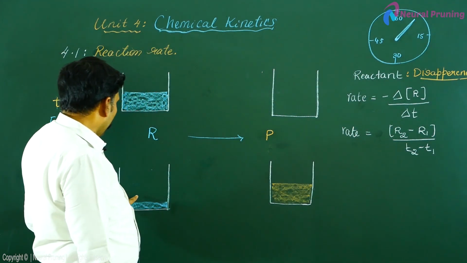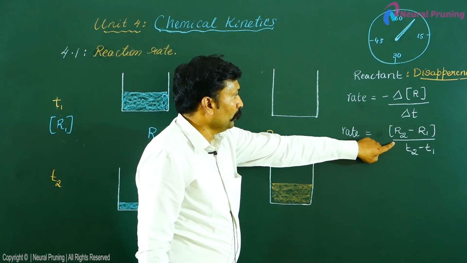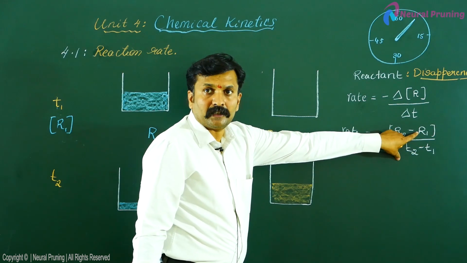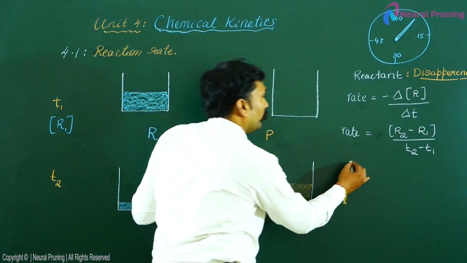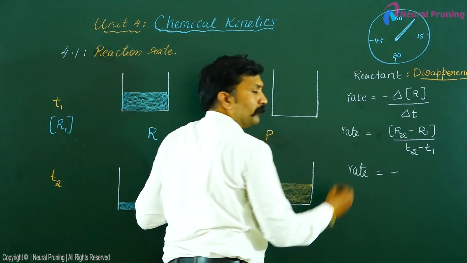Here the reactant concentration is less at T2 and the reactant concentration at T1 is greater, so the value you get is negative.